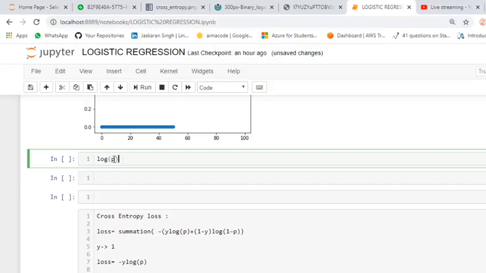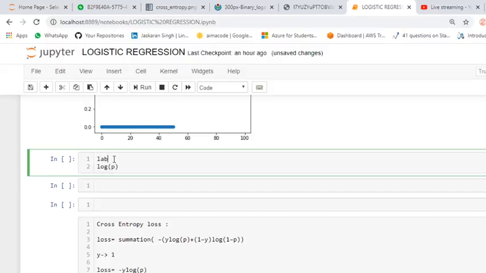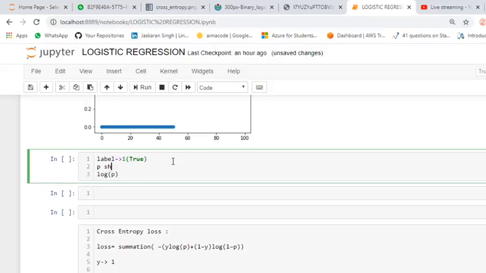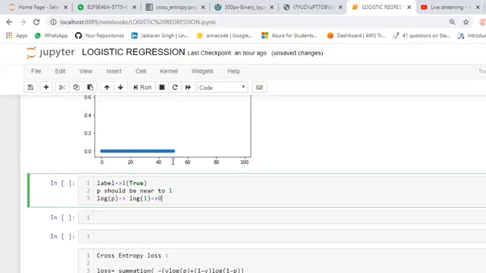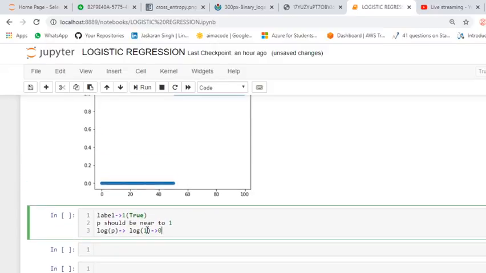If the label is true, then p should be near to 1. So log p should be near to log of 1.